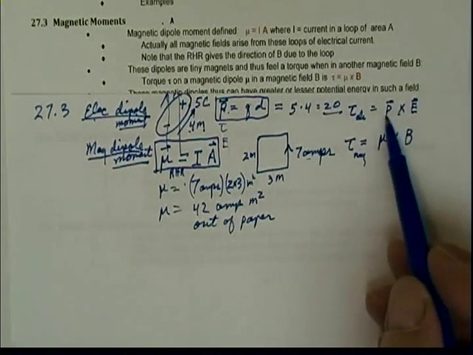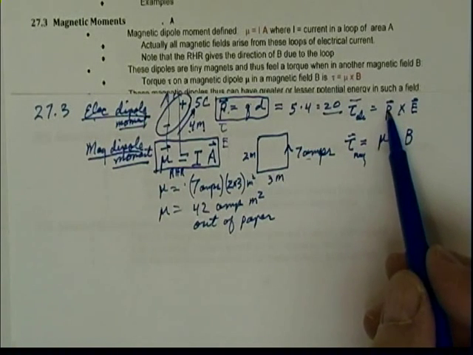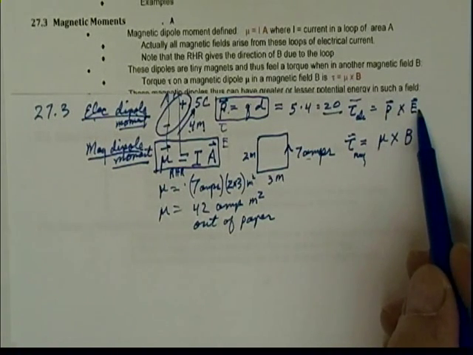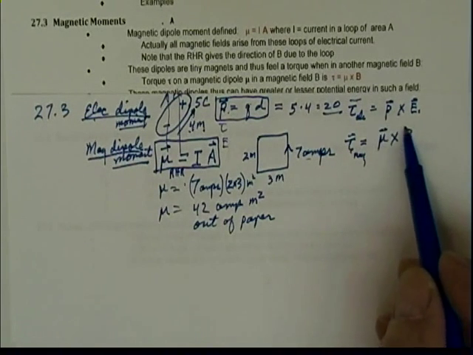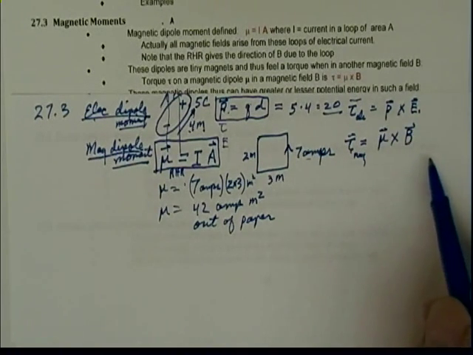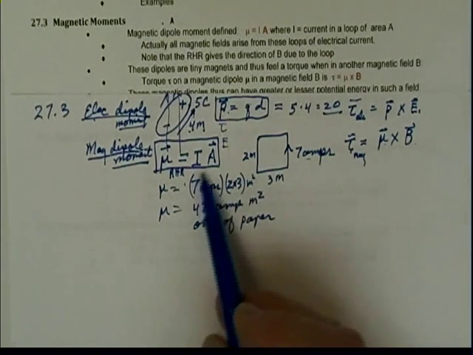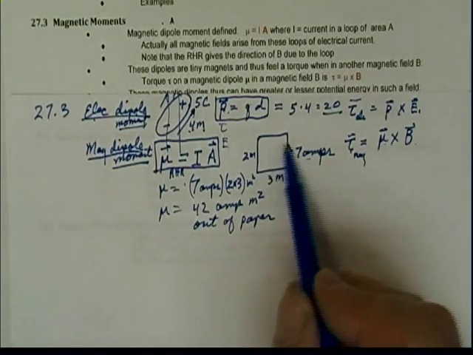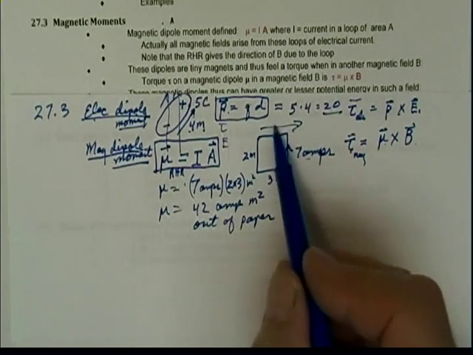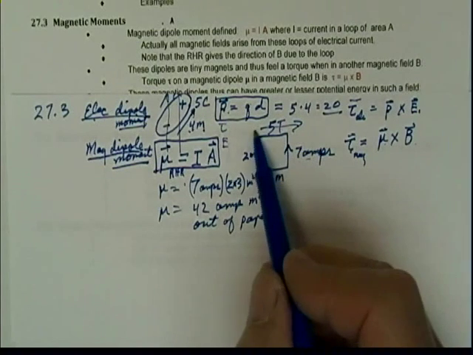So if you remember these previous formulas on the torque of an electric dipole in an electric field, you have the same torque given by the magnetic dipole in a magnetic field. And so you can figure out what this is. Say there's a magnetic field pointing in the perpendicular direction, this way, of 5 teslas.